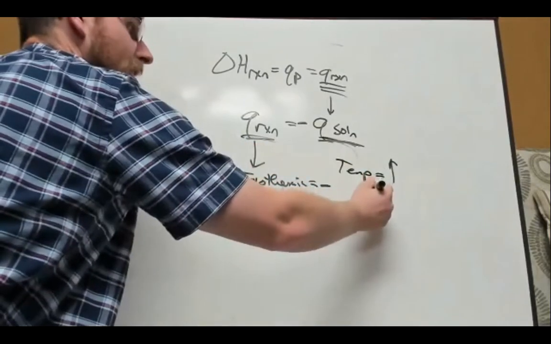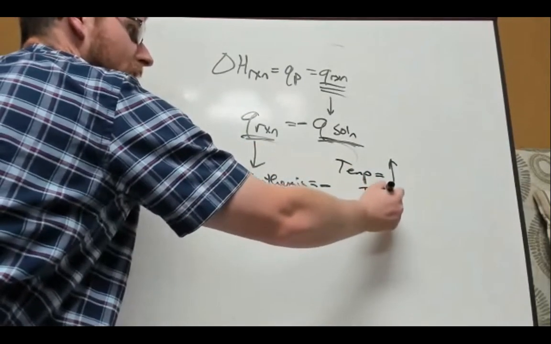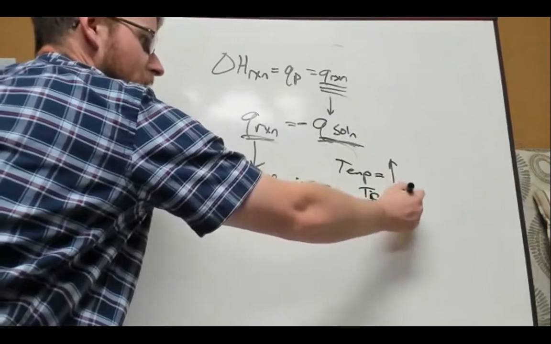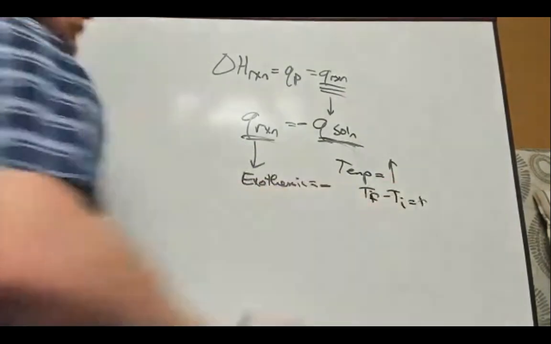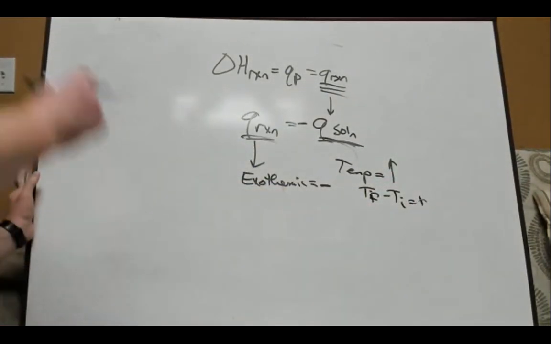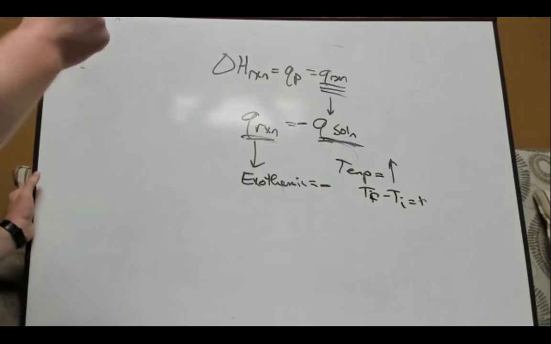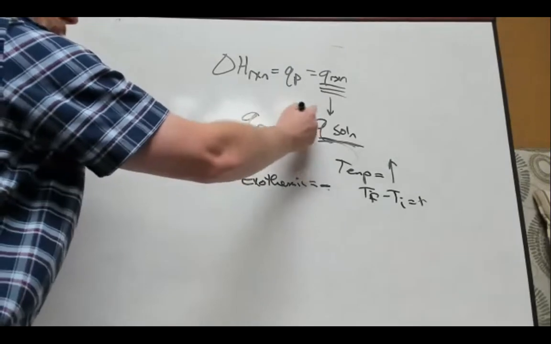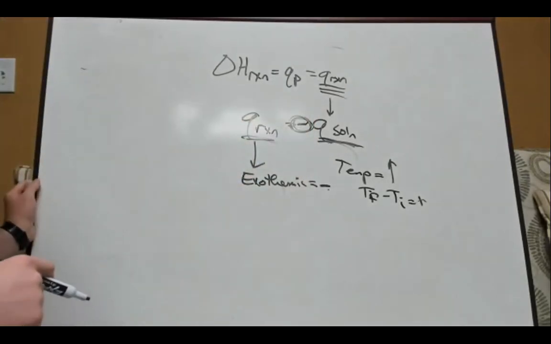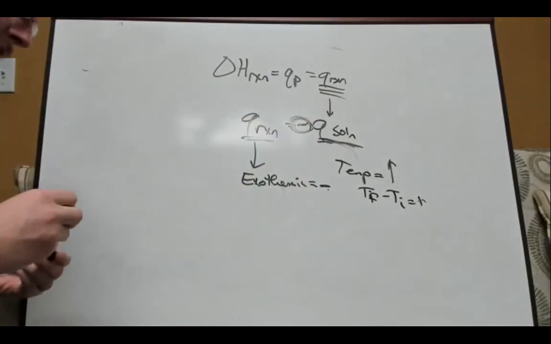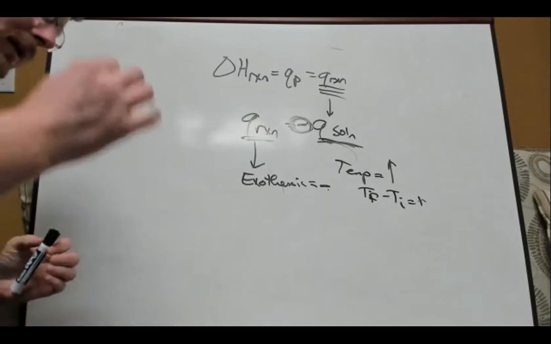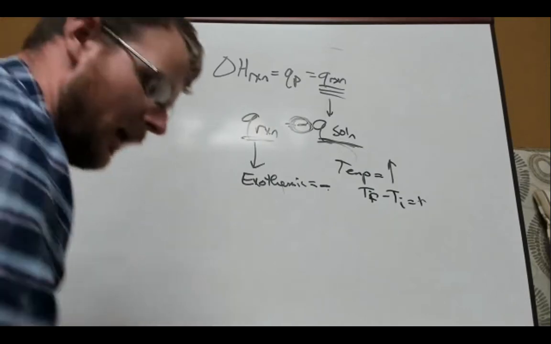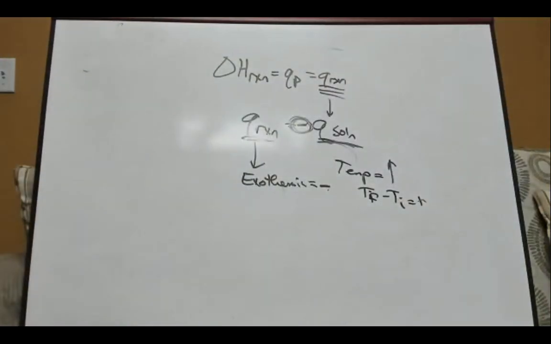So T final minus T initial is going to be positive. But wait, Dr. Bishop, you said that exothermic is negative. That's right. This is why the sign is very, very important in this type of equation. This is why the signs are so important, right? And this is why we kind of have to get our minds wrapped around some of these different things.